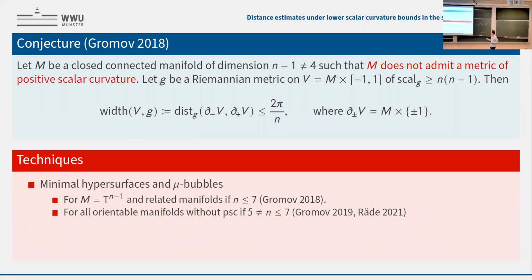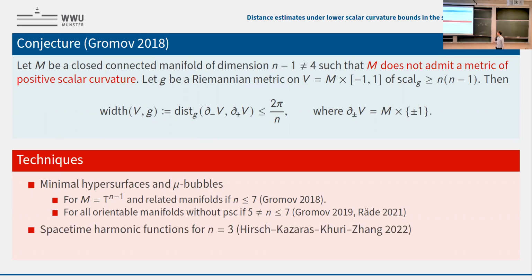Initially, Gromov did this for the torus and somewhat related manifolds. And if you go towards mu bubbles, you can actually prove this for all orientable manifolds, at least up to dimension 7. In higher dimensions, you again have the usual GMT regularity issues. We also saw yesterday in Sven's talk the space-time harmonic functions.